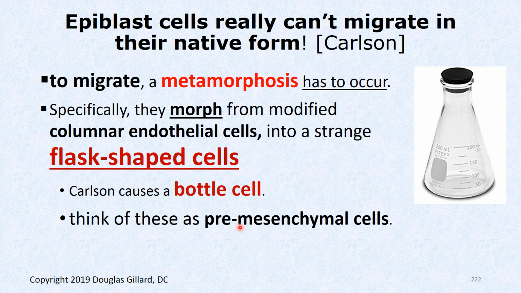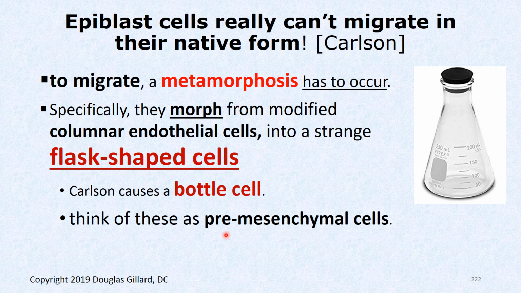Something happens when they migrate down. Other genes get turned on, and they actually turn into something called a flask cell or a bottle cell, and they look like this. They're no longer an epithelial cell. They go through metamorphosis into a new type of cell, a mesenchymal cell.